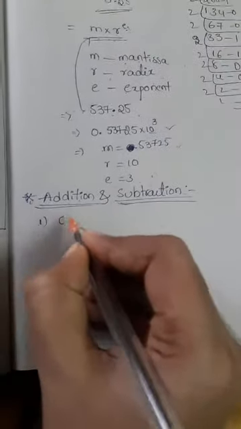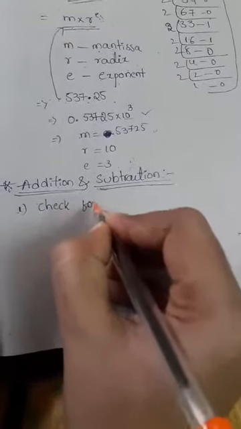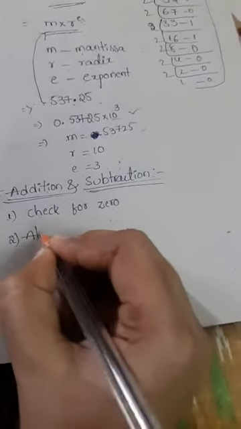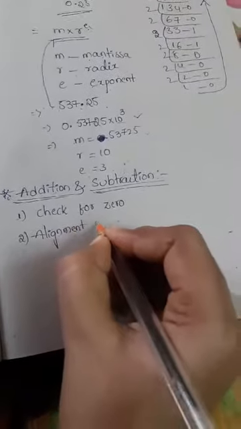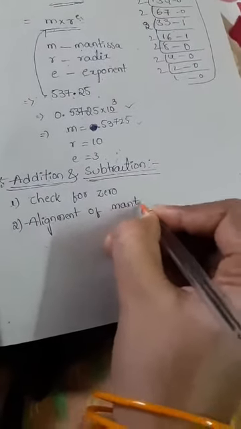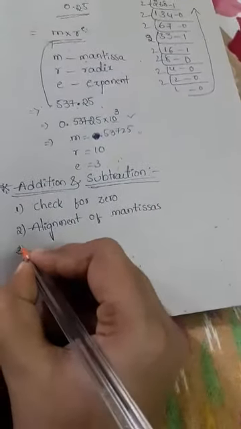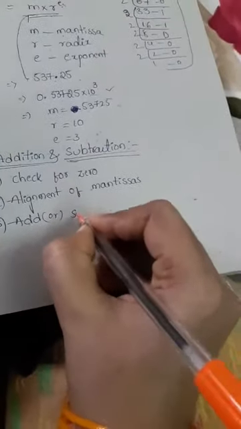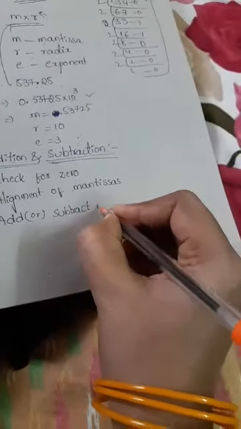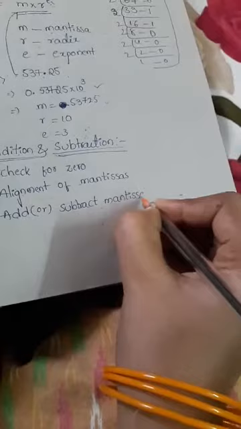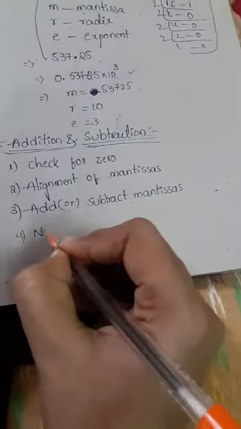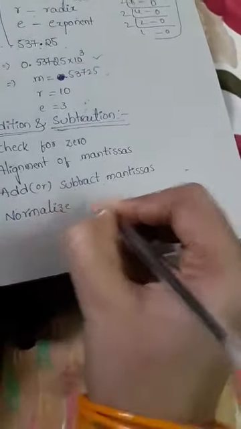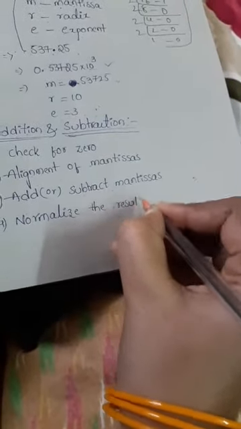The first rule is check for 0, the second is alignment of mantissas, the third is add or subtract mantissas, and the last one is normalize the result.